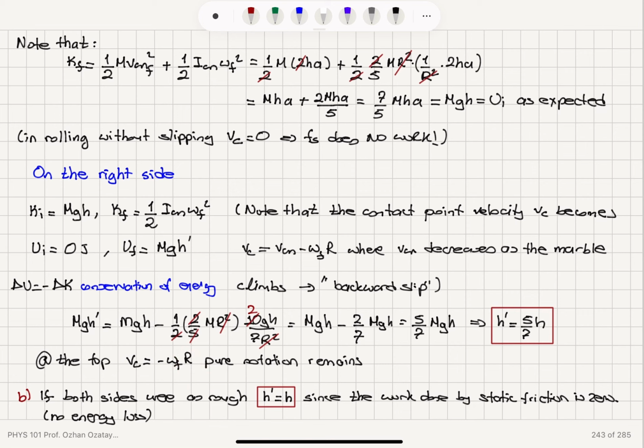If both sides are rough, then we would have h prime equal to h, because the static friction does no work, it would be the same scenario. So this final kinetic energy would be turning into potential energy, again mgh.